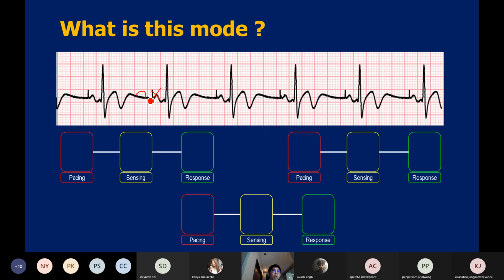It could only tell that it sees or it does not see. เข้าใจใช่ไหม เข้าใจ. It's not that smart. It only knows that this is P or it's not, but it cannot differentiate the morphology of the P wave.